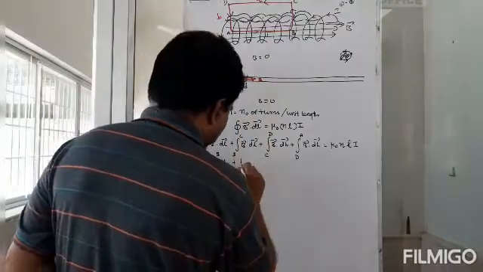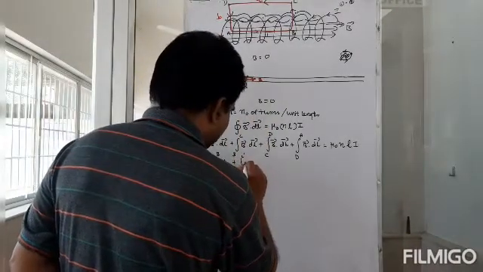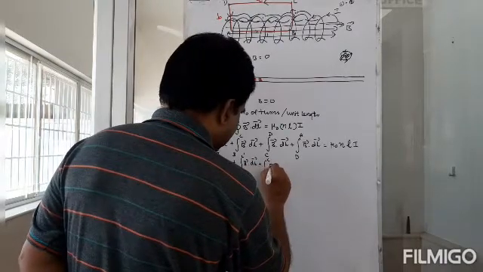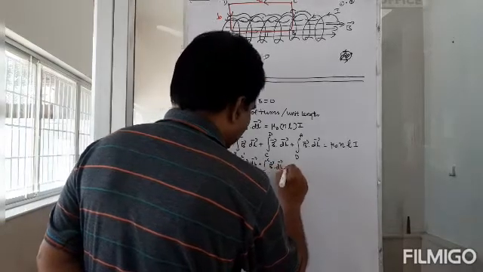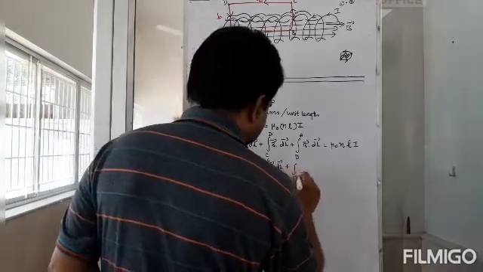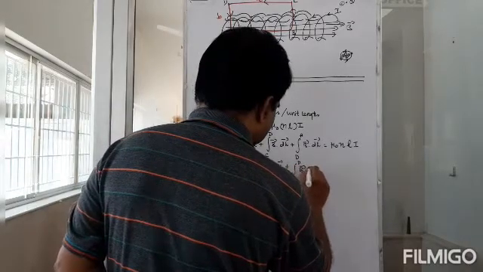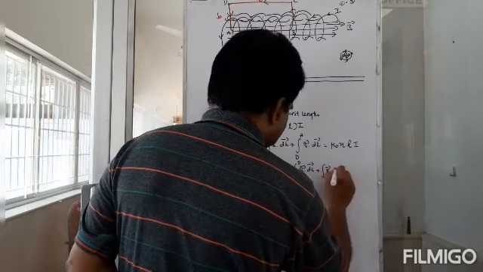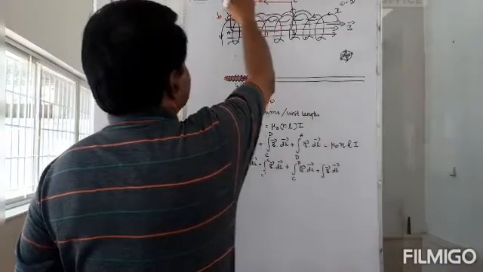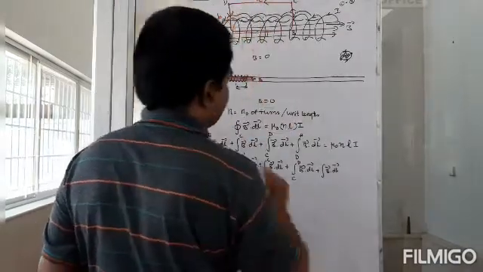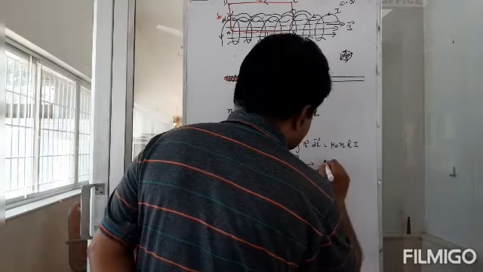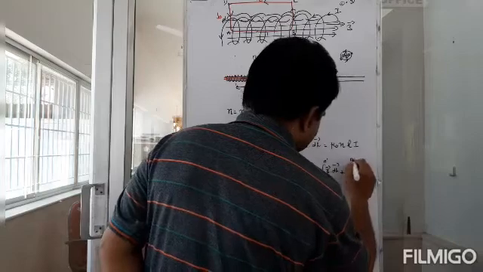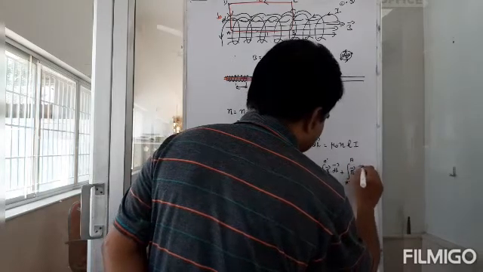Then this is going to be equal to the integral B to C dash of B dot dl plus the integral C dash to C of B dot dl, plus the integral C to D of B dot dl, plus the integral D to A dash of B dot dl plus the integral A dash to A of B dot dl.